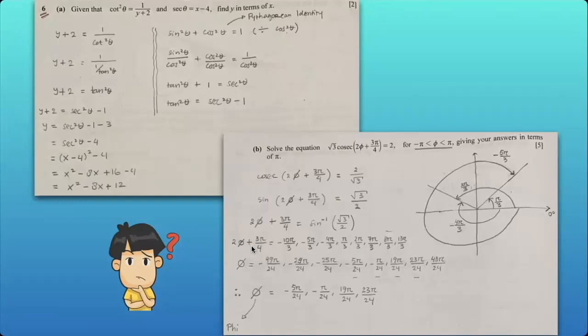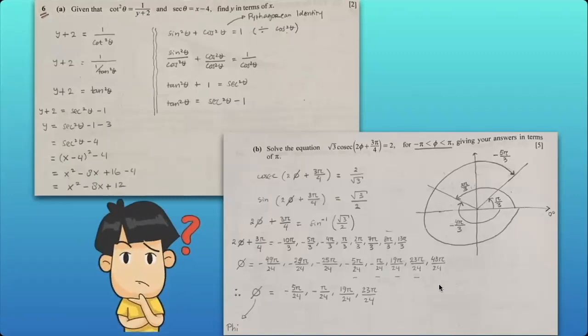So subtract 3π/4 from each of these, and then divide by 2 to get this expression. Now, based on the condition, we can only take these angles. So there you go. Therefore, φ is equal to all of these angles.